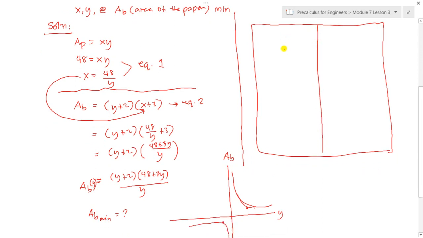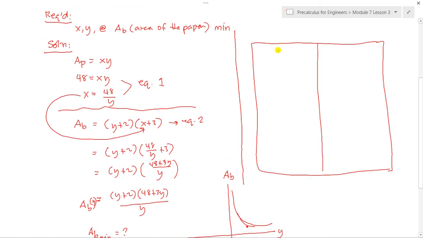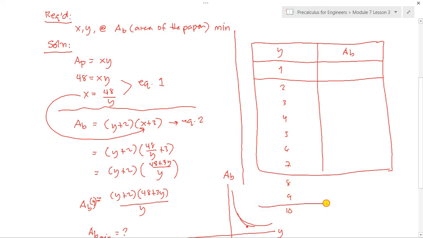So, ato ilista si AB. So, since si AB ka dependent, so mag-start ni Y. Then, this is AB. Let's try natay value sa Y from 1, 2, 3, 4, 5, 6, 7, 8, 9, 10 lang. So, dira lang.